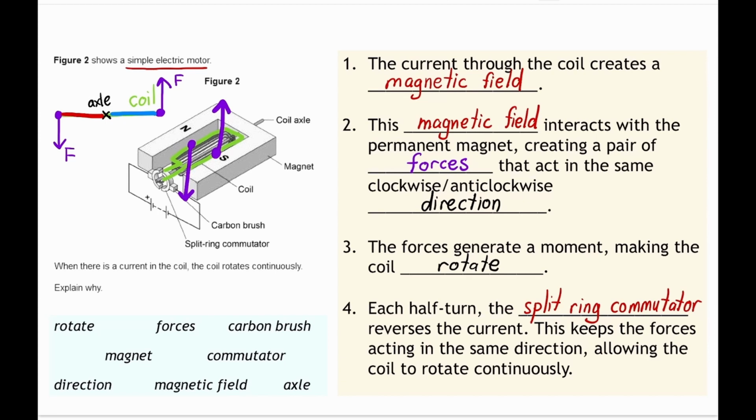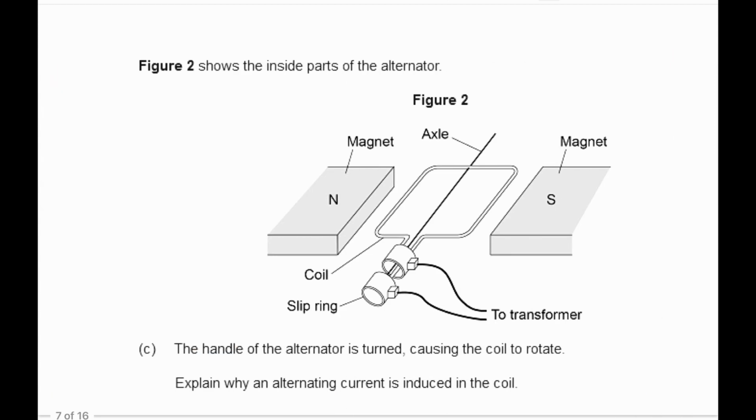Now that we've looked at electric motors, let's take a look at electric generators instead. Here we have a diagram of an alternator, which is a type of generator that generates an AC current, that's alternating current. The question asks us to explain why an alternating current is induced in the coil when the handle of the alternator is turned, making the coil rotate physically.